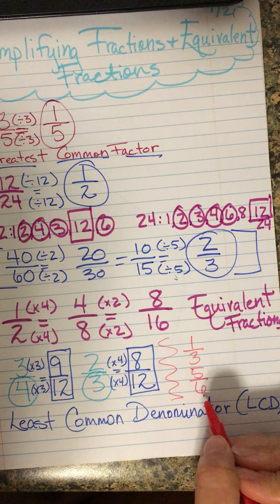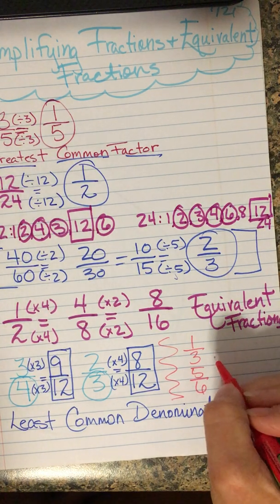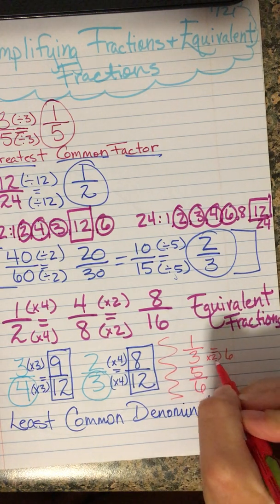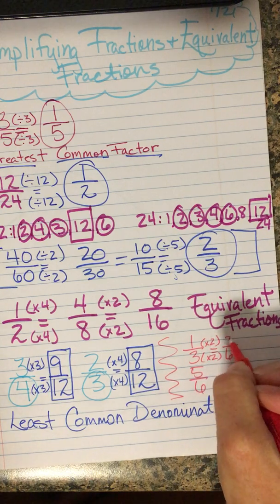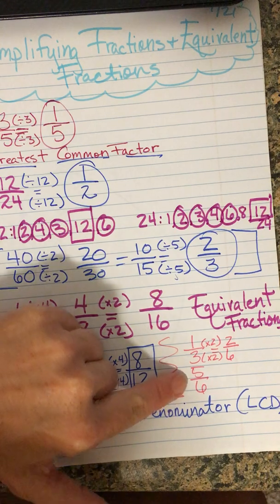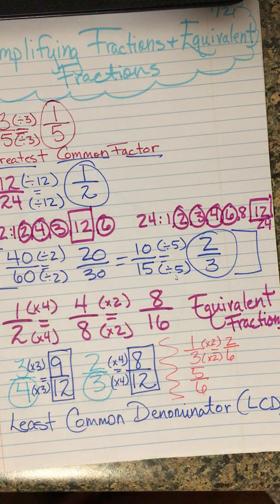So 6 is going to be my least common denominator. Sometimes you get lucky and you only have to change 1. So for this one, 3 times 2 equals 6, and 1 times 2 equals 2. So now I have two fractions that are both in 6ths, so then I can go on and do other things with them. Hope that helps.